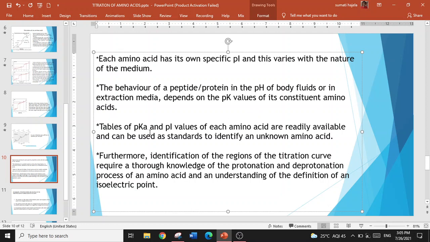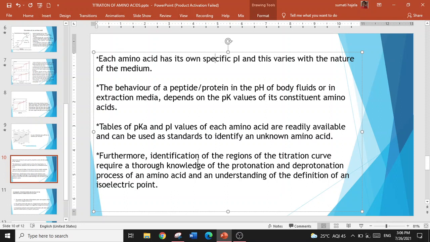Tables of pKa and pI values of each amino acid are readily available and can be used as standard to identify an unknown amino acid. If we know titration curves of all amino acids, we can identify an unknown amino acid by titrating that also.